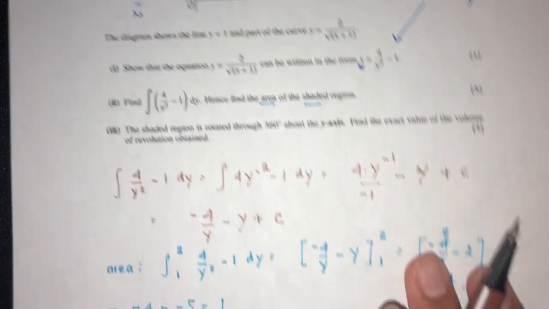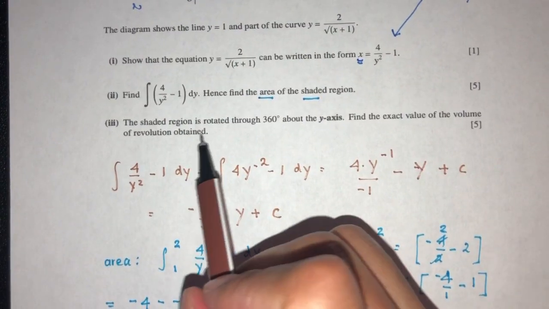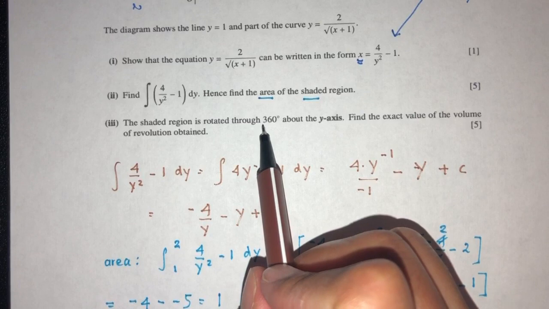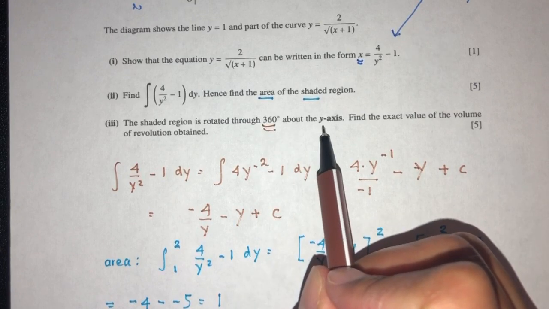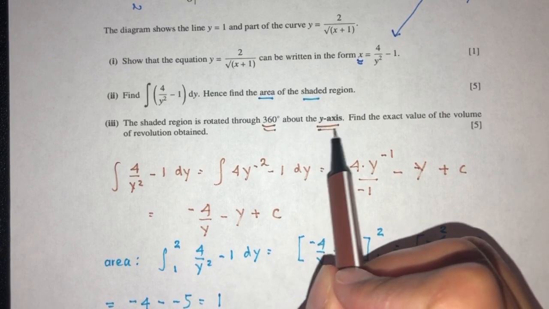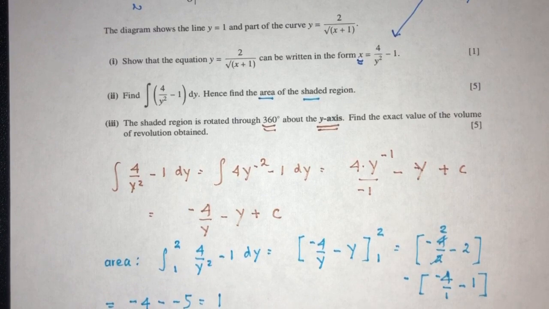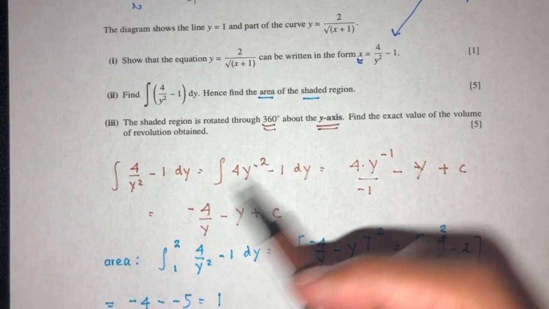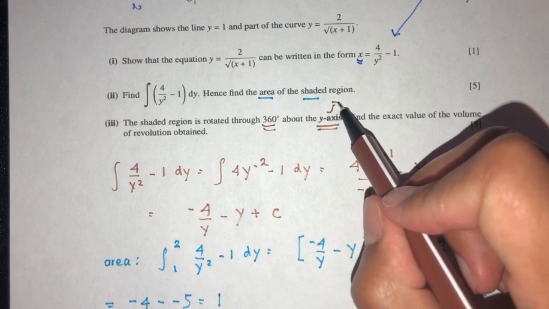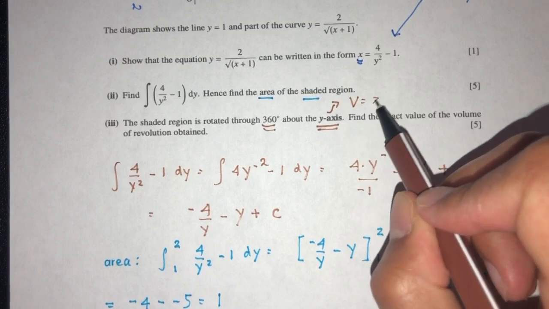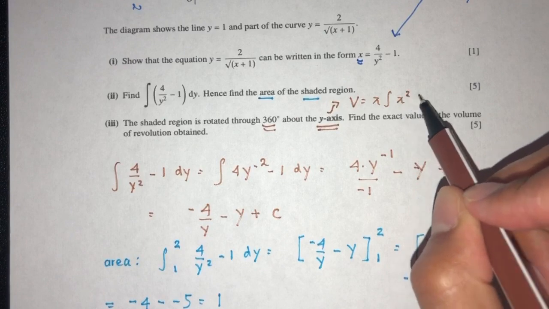Now let's move on. Now the area is rotated through 360 degrees about the y-axis. Now we have to find the exact value of the volume obtained. So pretty easy. When we have rotation about the y-axis, volume will be pi integral of x squared with respect to dy.